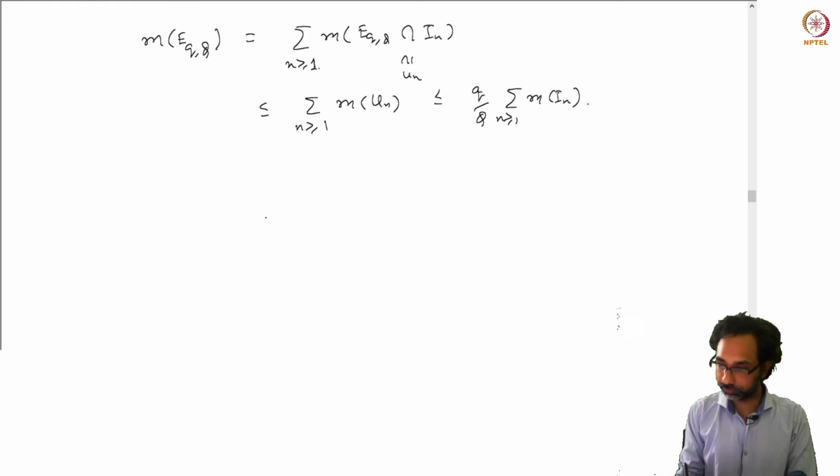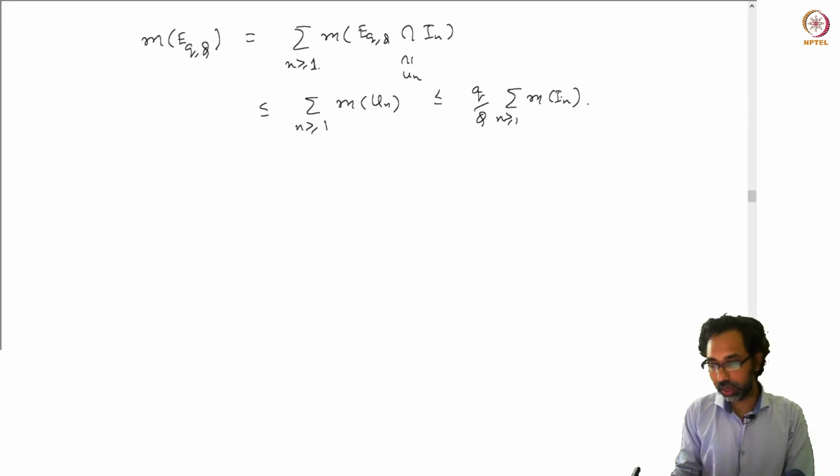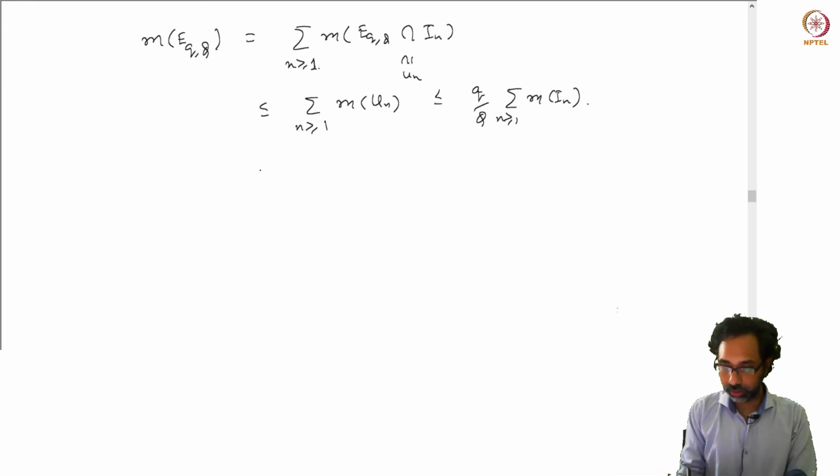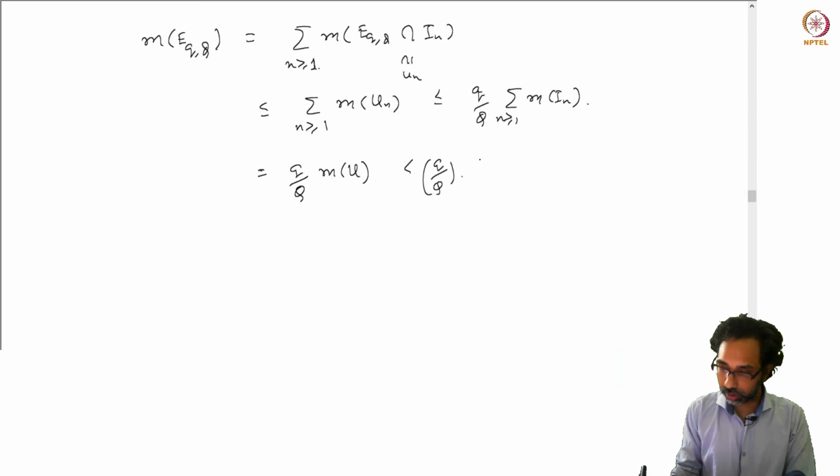And now these I_n are precisely the decomposition of the open set U that we took. So this is nothing but q over Q times m of U, but U was chosen so that this is less than q over Q times m of E times Q over small q.